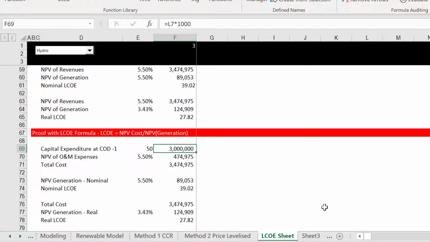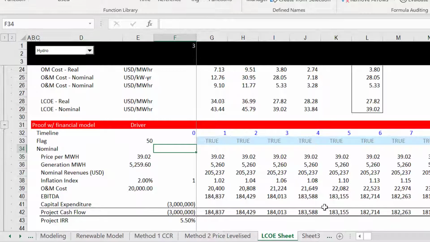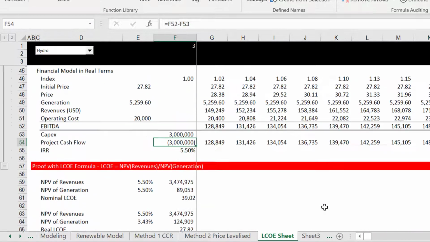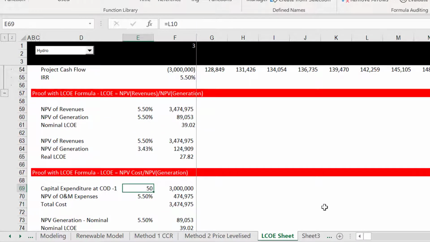So in this case we're using the hydro with 3,000 USD per kW, and this is per megawatt, so you multiply it. I should have put the units in here.